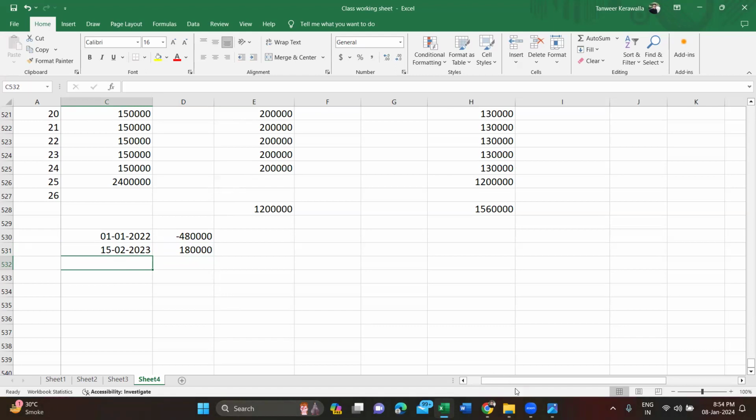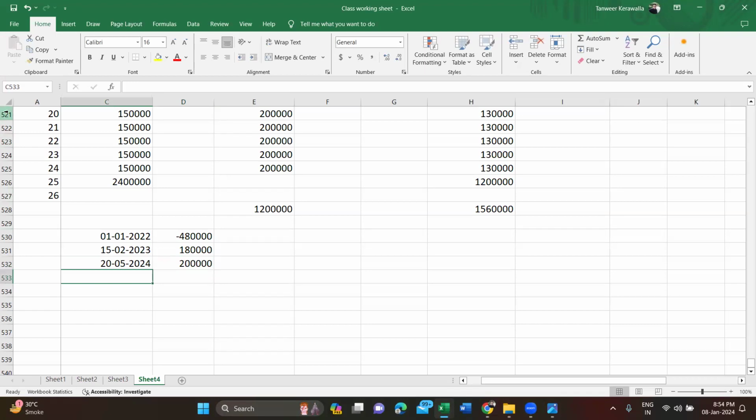Then on 20th May 2024, he again received a dividend of 2 lakh rupees.